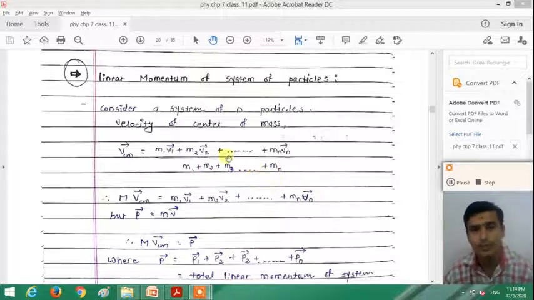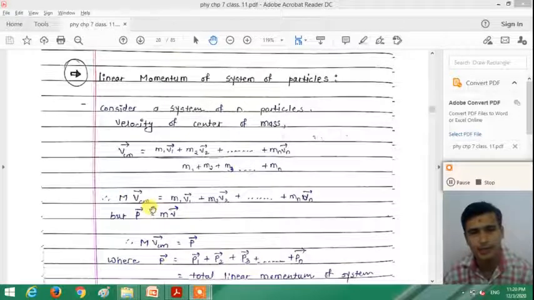Here m1, m2, m3 up to mn are the masses of the particles, and v1, v2, v3 up to vn are the velocities of each particle, right? Here m1 plus m2 plus m3 up to mn is the total mass, so M times VCM is equal to m1v1 plus m2v2 up to mnvn.